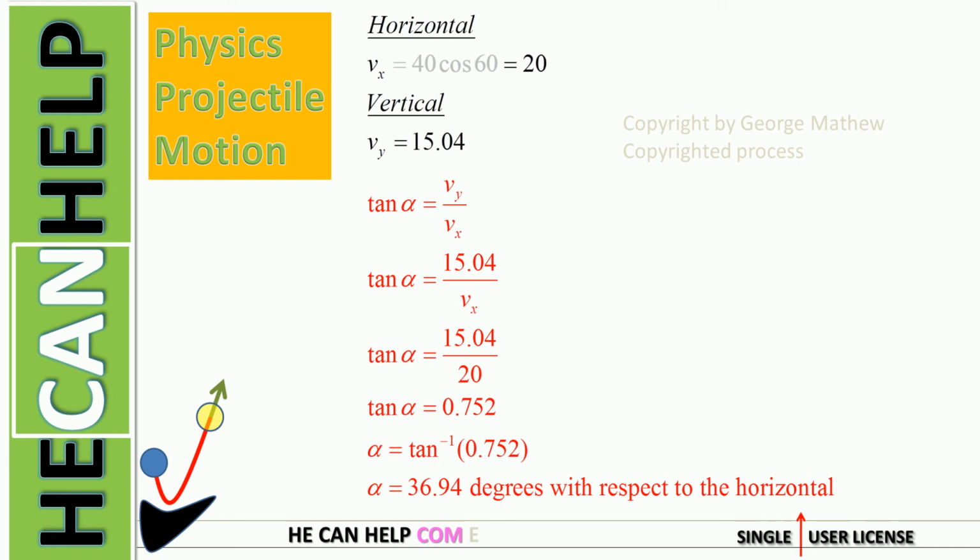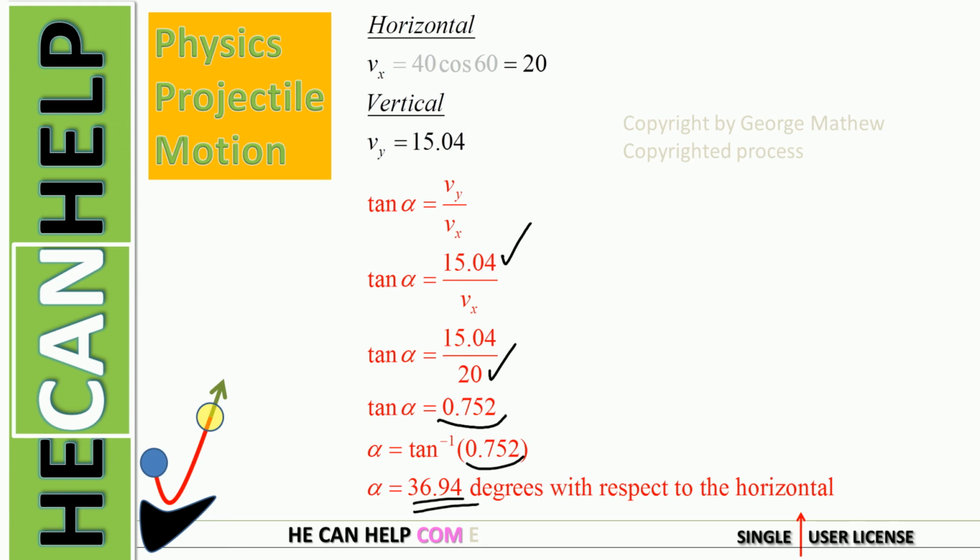Alpha is the angle that the velocity vector makes with the horizontal at t equals 2 seconds. Vy is 15.04 and Vx is 20. So what is 15.04 divided by 20? 0.752. So alpha is tan inverse of 0.752, and that is 36.94 degrees with respect to the horizontal.